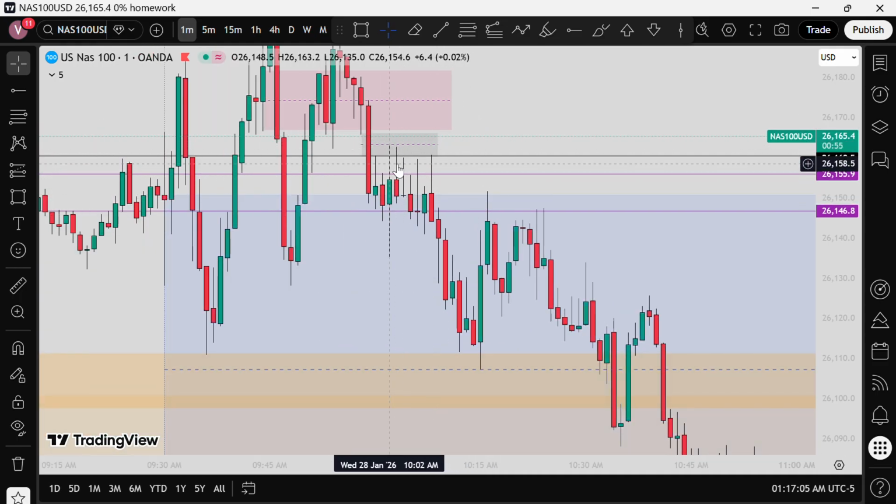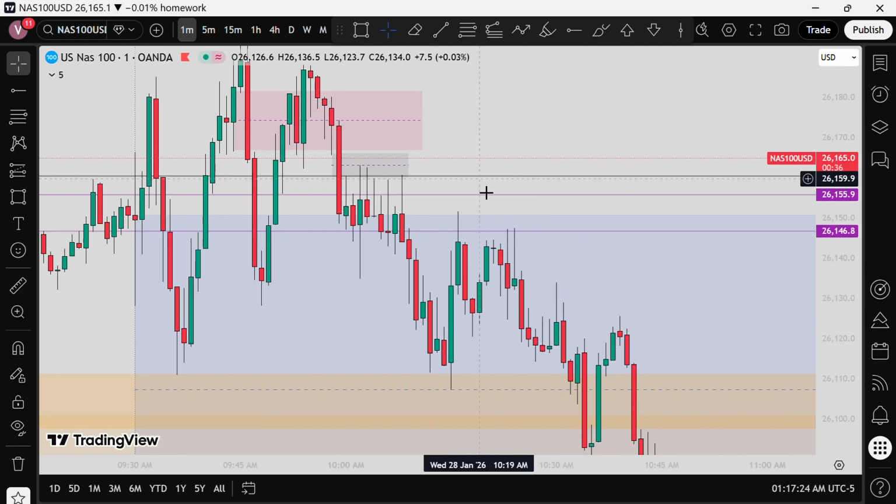After this, this was also the time of silver bullet. After this is 10 a.m. So immediately after 10 a.m. you got this entry. Next up, the price also comes back again into this.